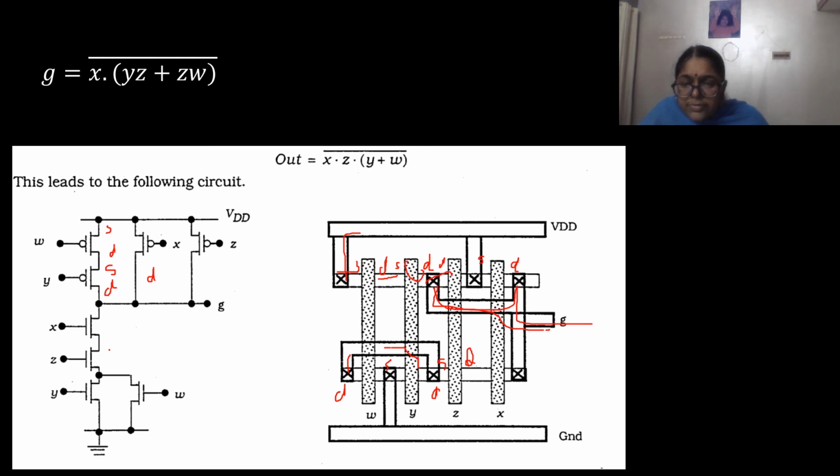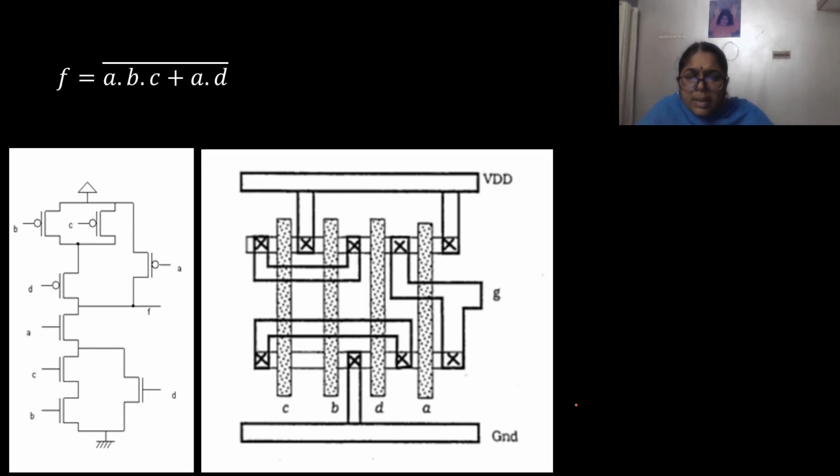The drain of Z and the source of X are connected together. The other side is the drain, and the drain of X is connected to the output. So this is how you have to mark the source and drain and make the connections in the stick diagram. Similarly, this particular example shows F is equal to ABC plus AD whole bar.